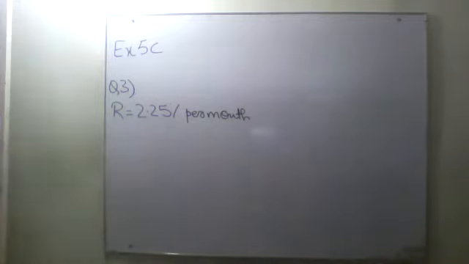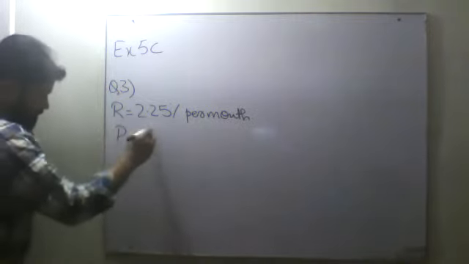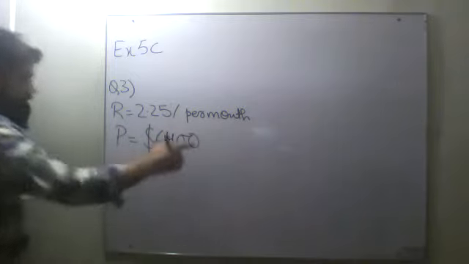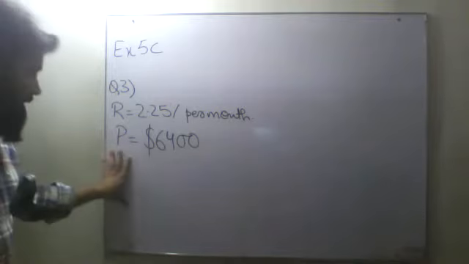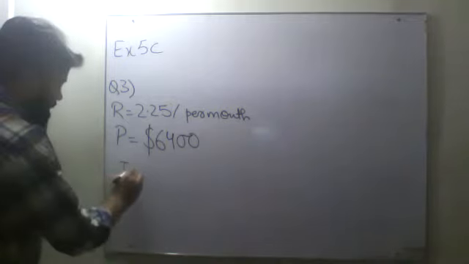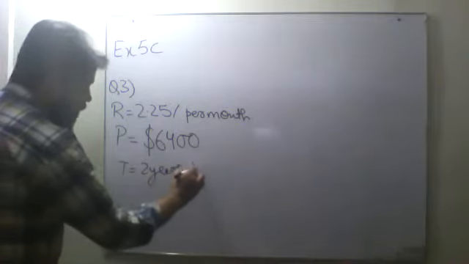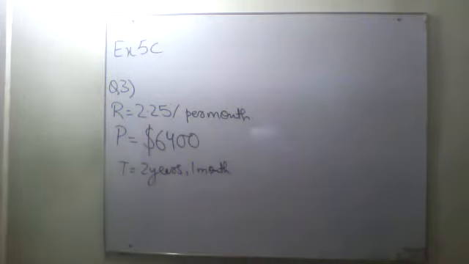A person borrows $6,400. A person has borrowed $6,400 as a personal loan, okay, and the time he has taken is 2 years and 1 month.